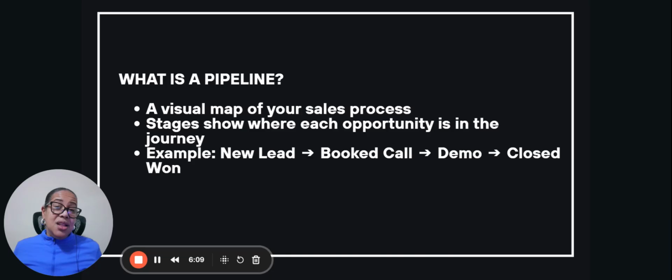So you just basically heard me talk about a pipeline, and it's really a visual map of your sales process. Your sales process could look a little something like this. Somebody could sign up for a webinar, they could view the webinar, then after they view the webinar, they can sign up for whatever it is you're selling.